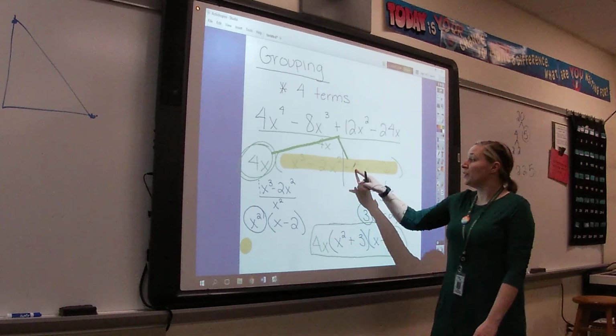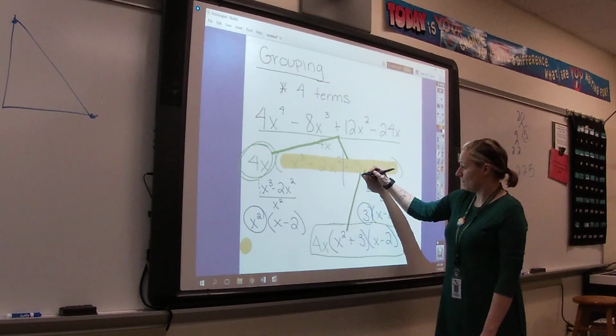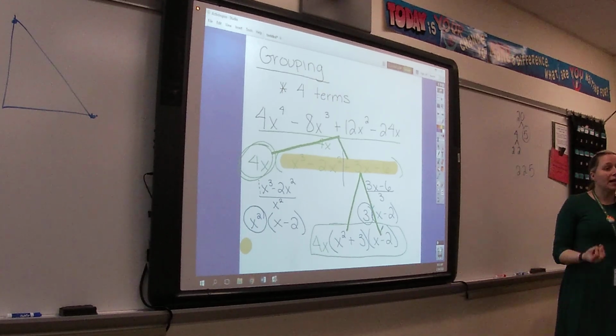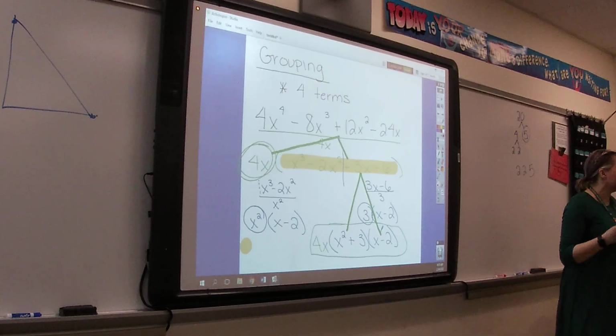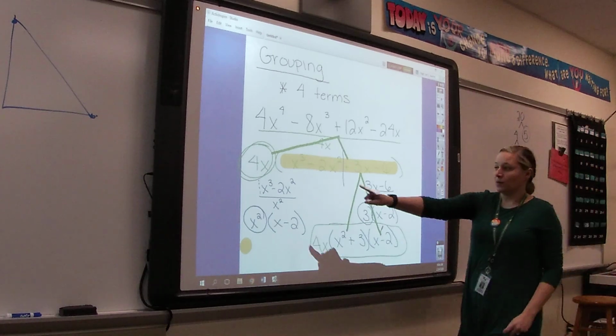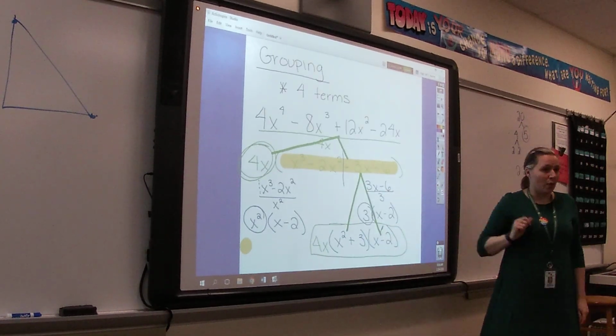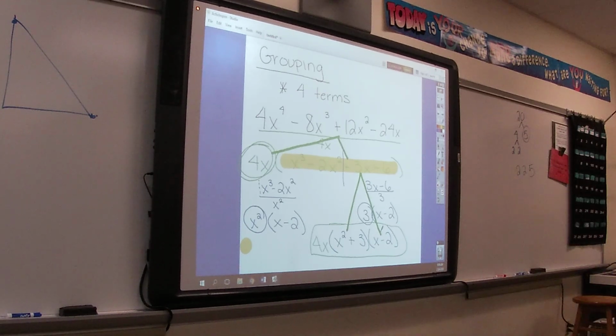And then I split these 4 terms into these 2. So my final answer is everything that doesn't have a branch coming off of it. This one, and this one. It's just prime factoring with much more complex numbers, right? But we are doing the same thing that we've always known how to do.